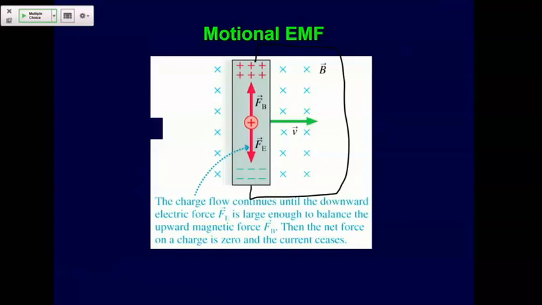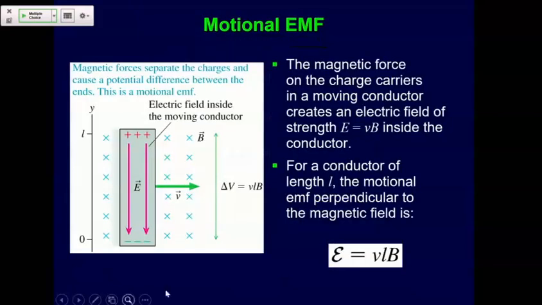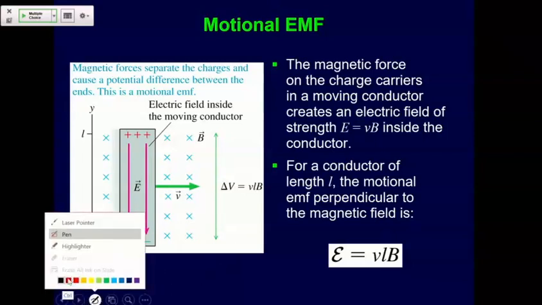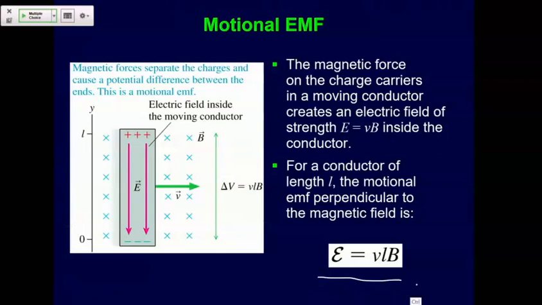So by moving this bar in a magnetic field, I've created an EMF, which again, we treat similar to a battery. Here's the picture, and we'll show you in a bit how this works, but we're just going to tell you that the size of this battery, the voltage of it, will work out to be this over here: the velocity, how fast you're pushing it, the length of the bar, and the magnetic field that you're pushing it through.